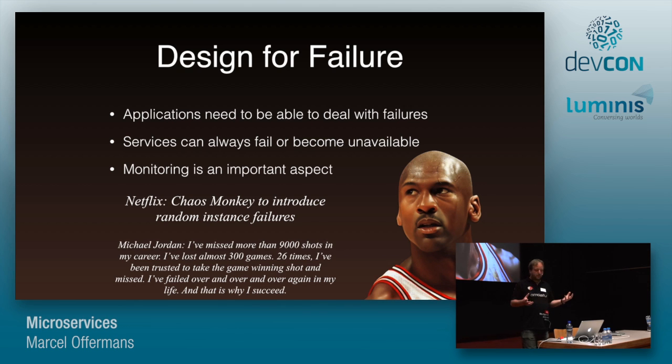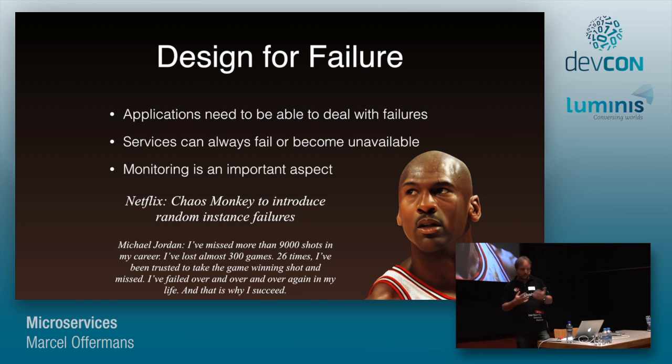And that's something we also need to actively deal with and handle in our development, in our testing. It was mentioned earlier today, Chaos Monkey at Netflix just randomly stops nodes in their production infrastructure and makes sure that their customers don't notice that. So that's something that's important.